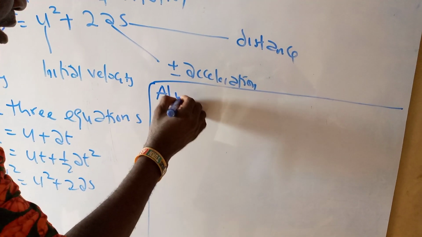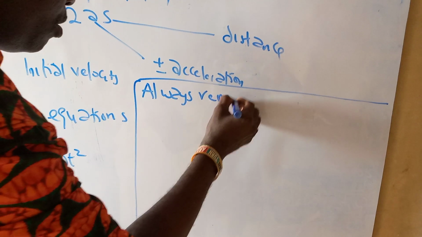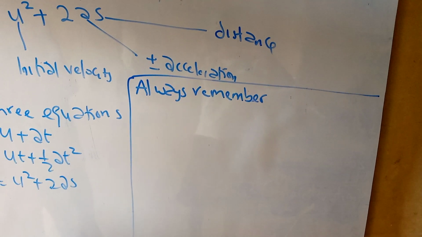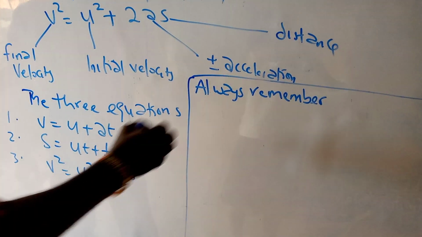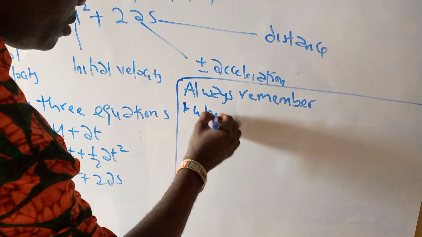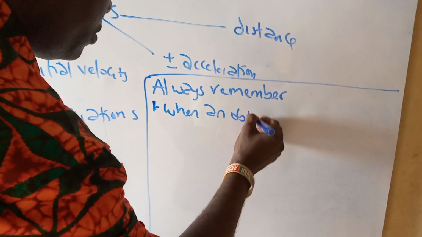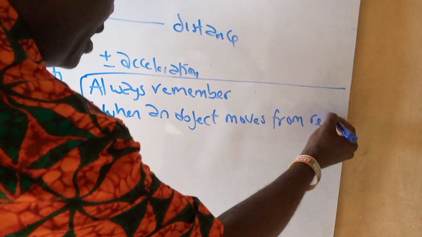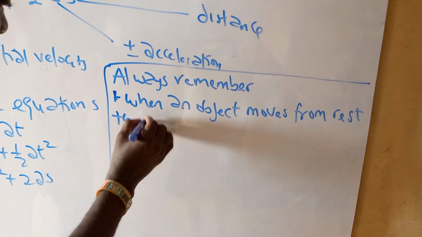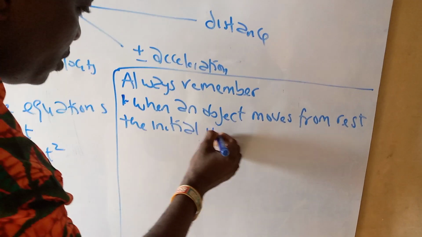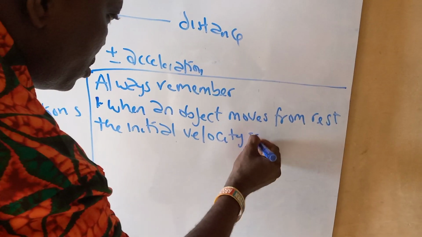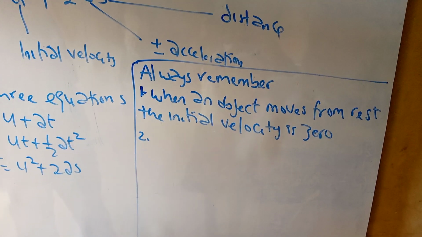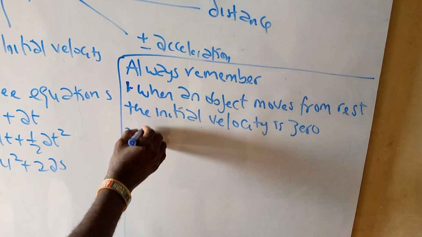Always remember that when an object moves or accelerates from rest, the initial velocity is 0.